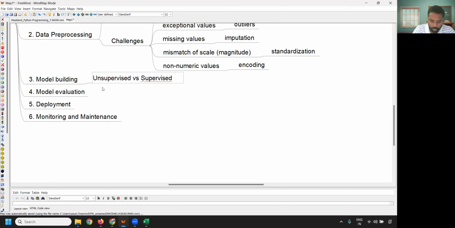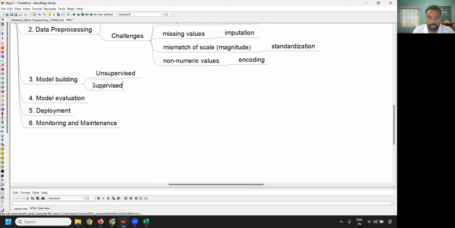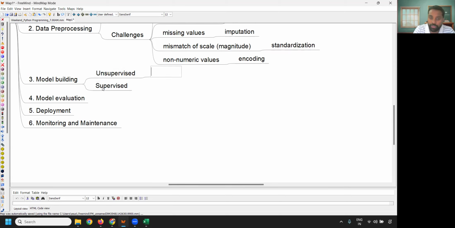So what I'll do is I will try and write like this. Unsupervised learning is used when we have unlabeled data. Okay, we have unlabeled data.